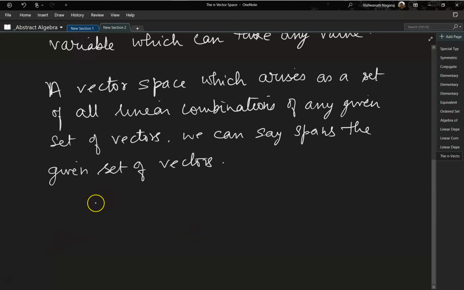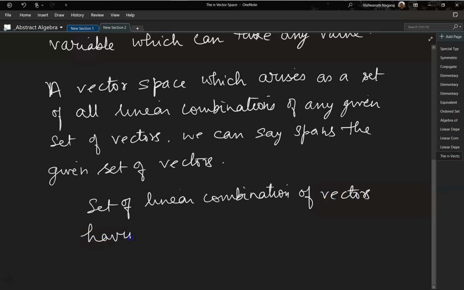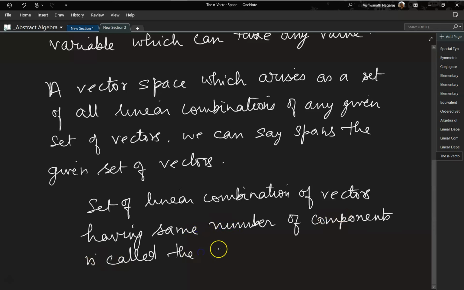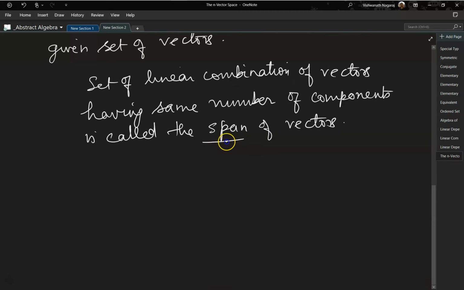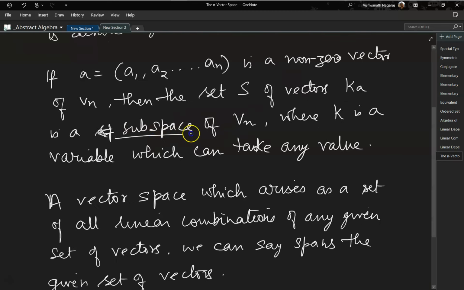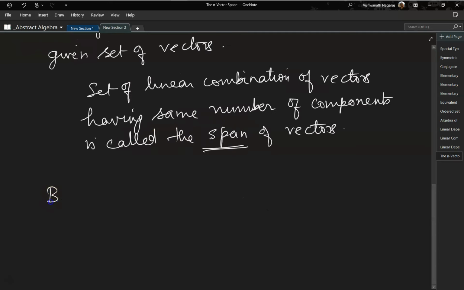In other words, the set of linear combinations of vectors having the same number of components is called the span of vectors. Okay, so span, a vector space, a subspace, and now we have the basis of a subspace.